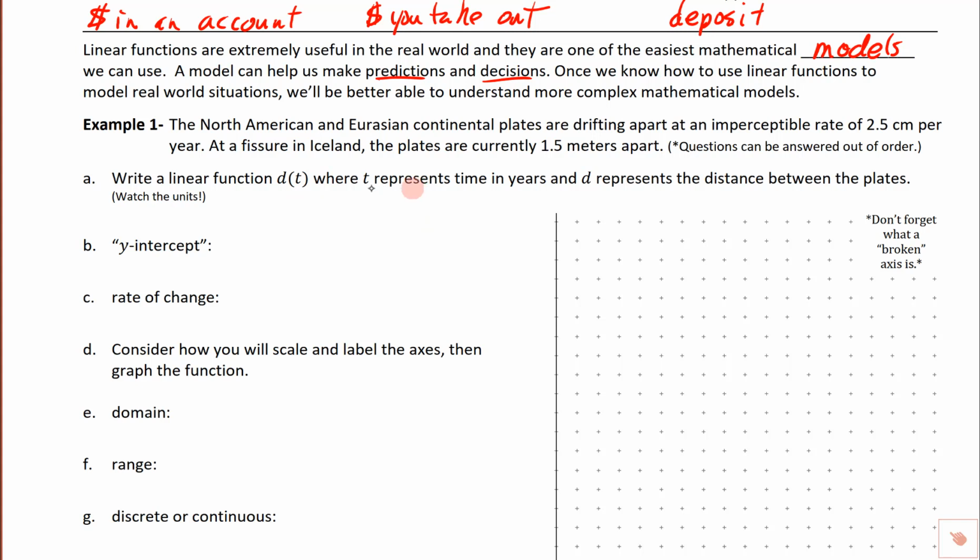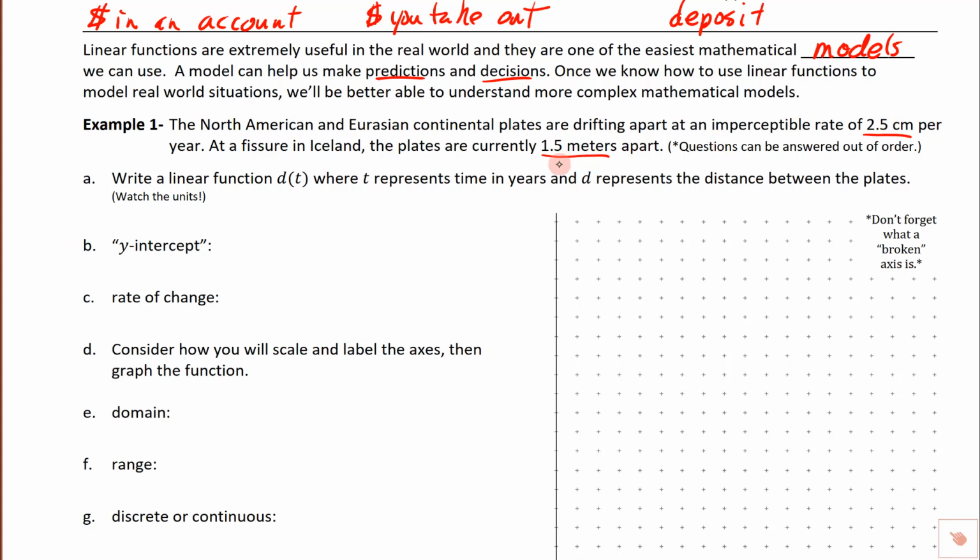So notice what they've done for us. They've declared the variables here, and d represents the distance between the plates, and it says watch the units. So this is a classic math problem right here where you'll notice this one says 1.5 meters apart. So right now they're 1.5 meters apart, but every year they're spreading apart by 2.5 centimeters. So we've either got to change this into meters or we've got to change this into centimeters.